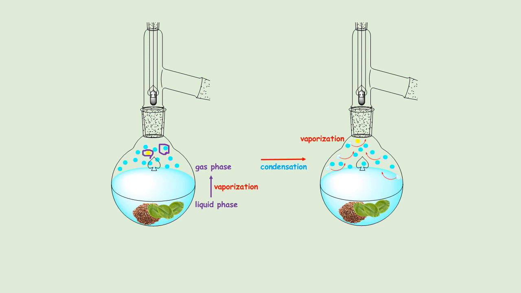But what we would like to happen is that eventually, the total vapor pressure here adds up to 1 atmosphere. And it's probably something like 99% water or steam, and then maybe 1% or less of the oil.